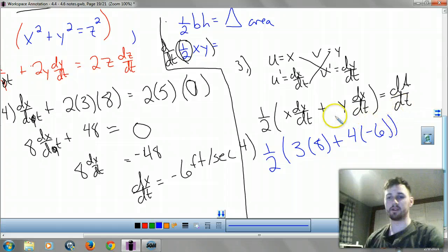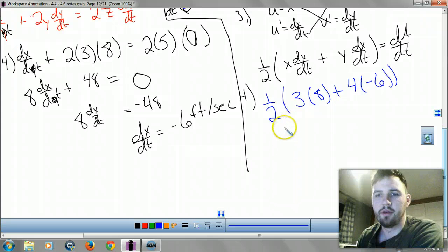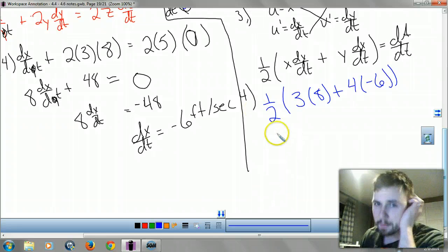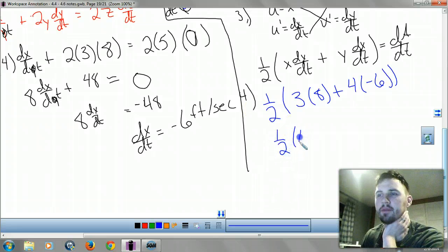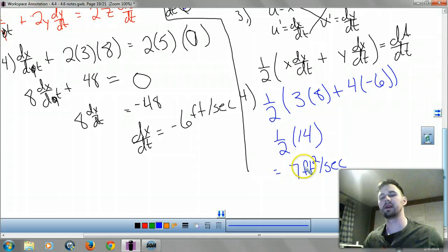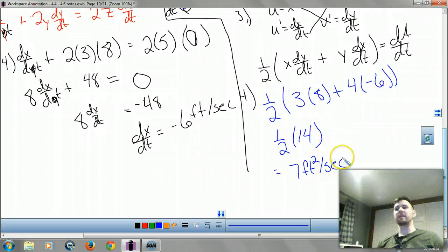And that's going to equal our change in our area. And so when we plug that into our calculator, we get, well, let me see here, 1/2 times 14. So you get 7 feet squared per second. Okay? Because it's change in area.